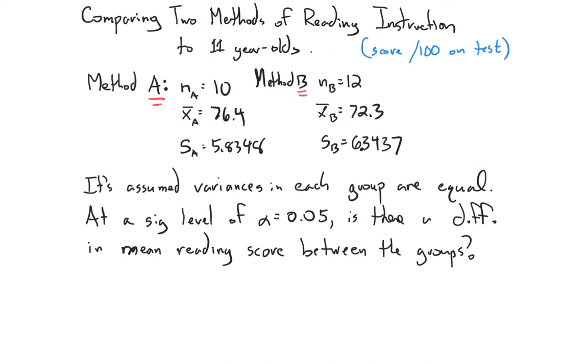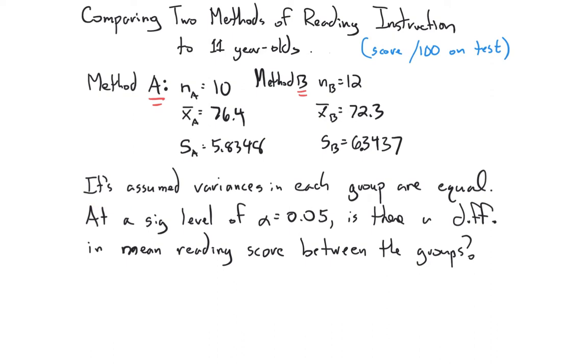For method A, there were 10 11-year-olds that they sampled randomly. The mean score was 76.4 with a standard deviation of 5.8348. For method B, they sampled 12 11-year-olds. Those 11-year-olds had a mean score on the test of 72.3 and a standard deviation of 6.3437.